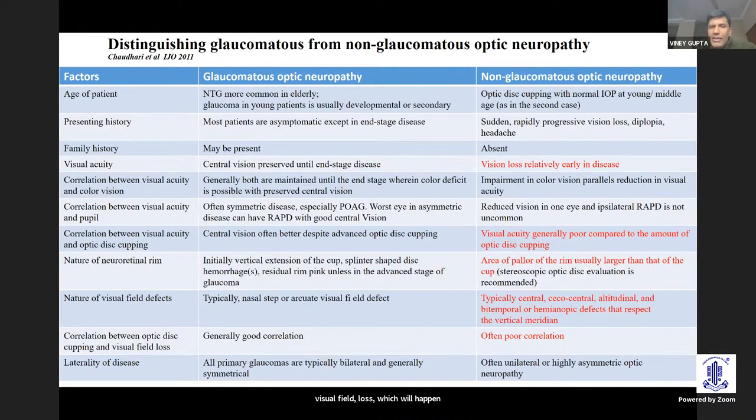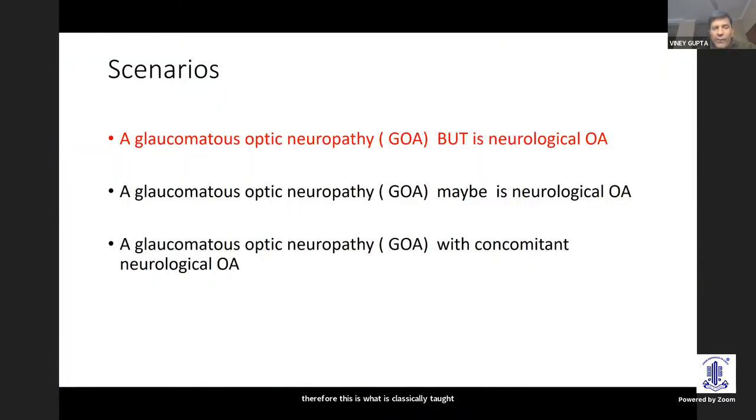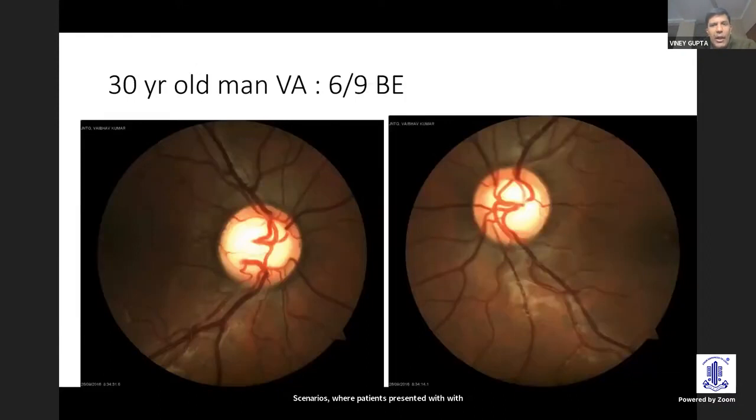And you can classically see an area of pallor, which is more temporal, and it is associated with a centrocecal scotoma, which generally has a poor correlation with the amount of the cupping or the amount of pallor sometimes. So this is what is classically taught. However, I will take you through scenarios where patients presented with what looked like a glaucomatous optic neuropathy, but turned out to be a neurological cause.